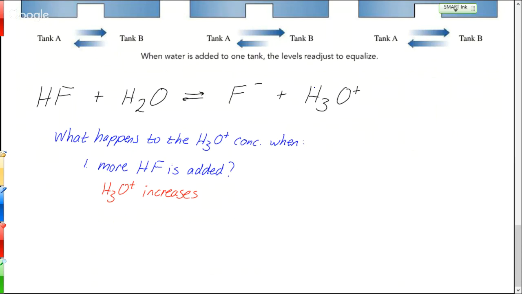What happens to the hydronium ion concentration when more fluoride is added? How is that going to equilibrate?